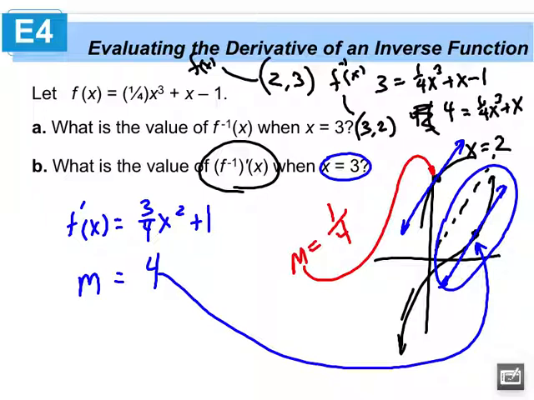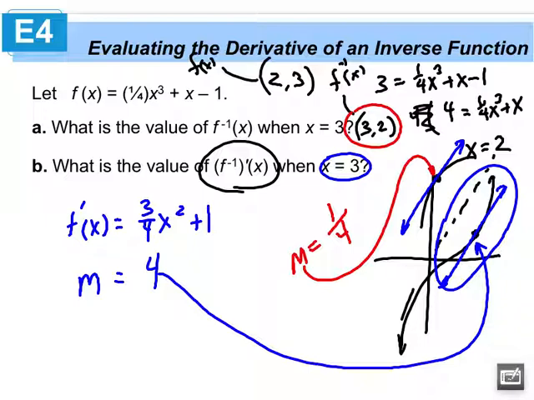How'd you get this before? Oh, I plugged in the 2 from this. So we did this first. I found out that that point on the inverse was (3,2). And if that point's (3,2), then the corresponding point on the original function is (2,3). And if I want the slope here, it's going to correspond to the point here.